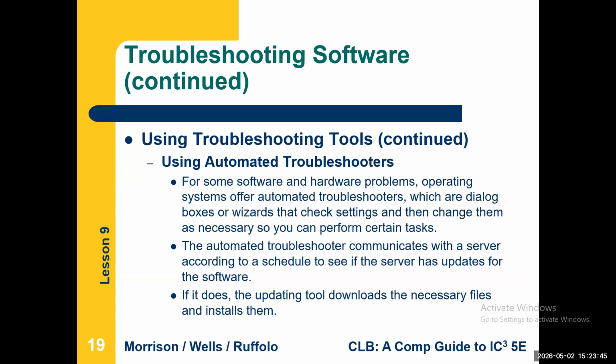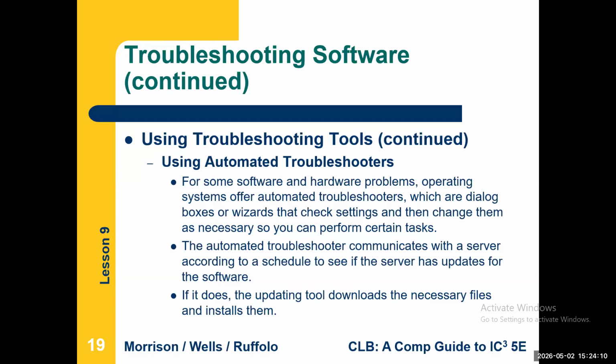Normally, what this does is that it communicates with the server of the software or the hardware, and tries to see if it has an update for that particular software that you are trying to run. Usually, this happens if you installed new drivers, maybe for a particular software or hardware.